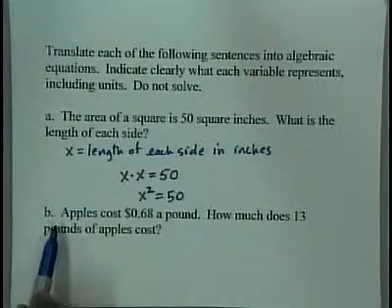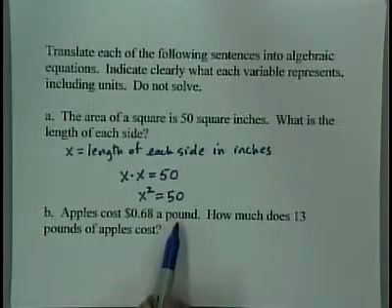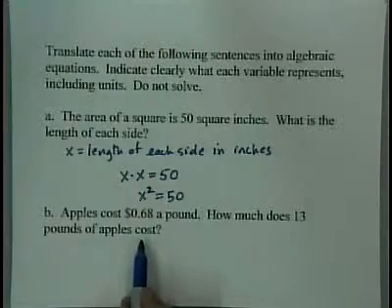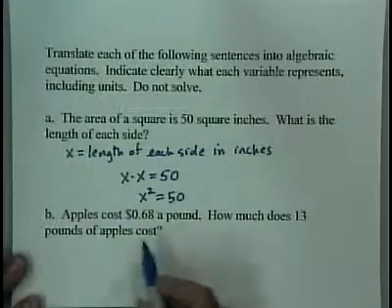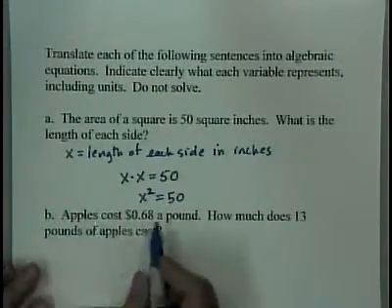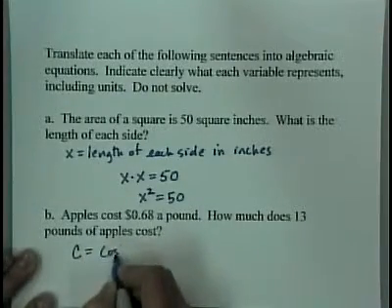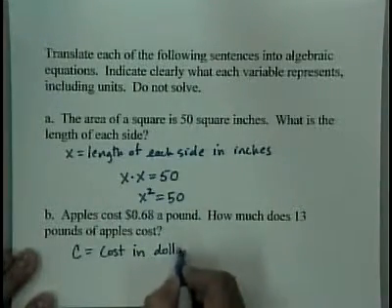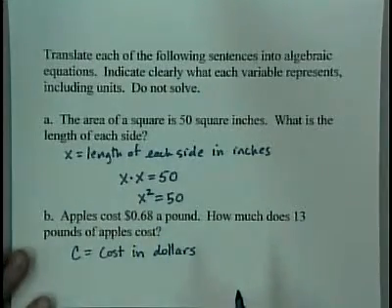Let's look at the next one. This one says apples cost 68 cents a pound. How much does 13 pounds of apples cost? Well, let's see. According to the statement, apples cost 68 cents each pound. The thing that we don't know is the cost. So we can let C represent the cost, and that will be in dollars. This is actually in dollars, although we read it 68 cents.